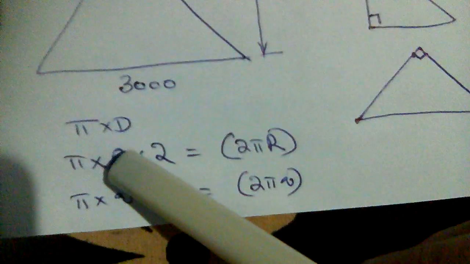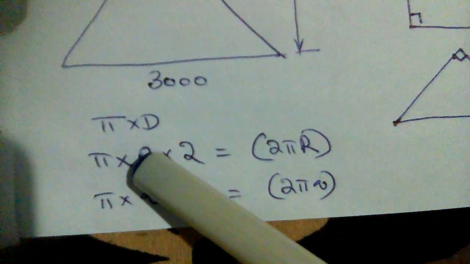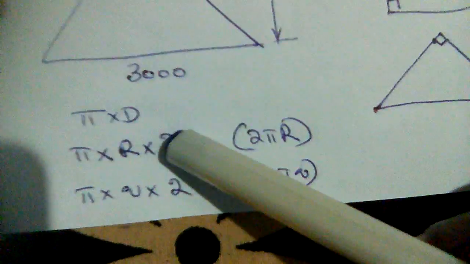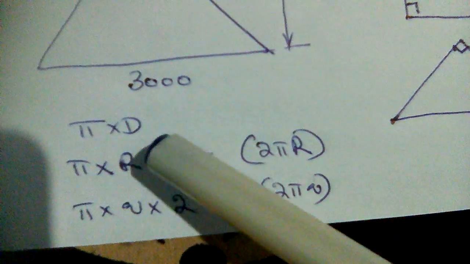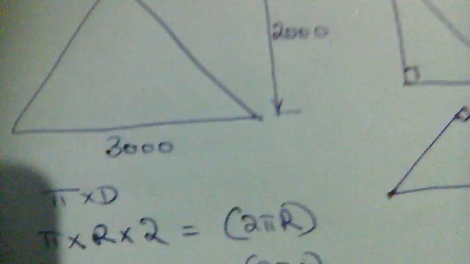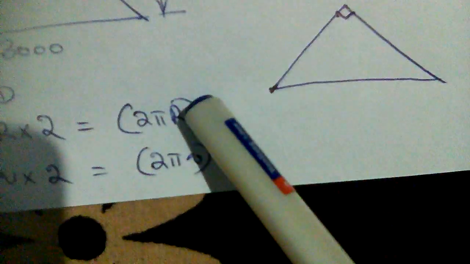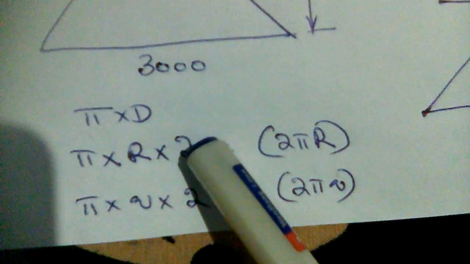R means its half, radius. If we have to get diameter d, we have to multiply it by 2. So pi d and pi into r into 2 are both same. In schools and colleges, you may have studied this formula 2 pi r. Just think about pi into r into 2.